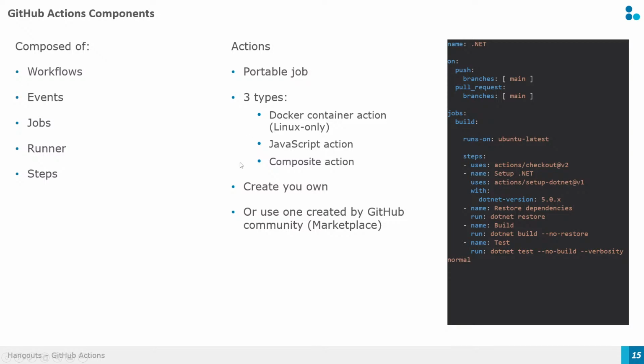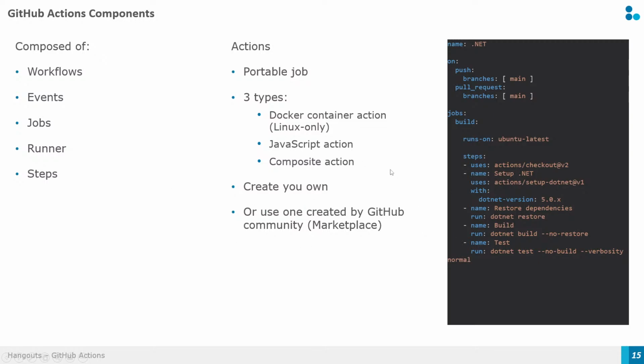And then there is the composite action. I never can say this right. The composite action is basically an action composed of other actions. And then you can create your own actions, or you can use one created by the GitHub community.